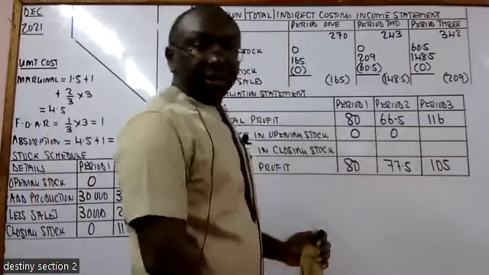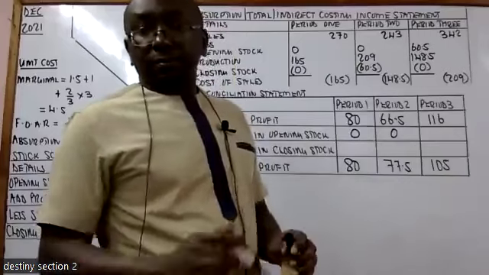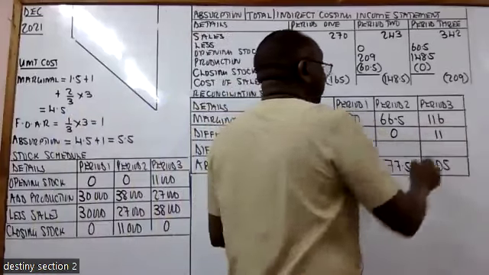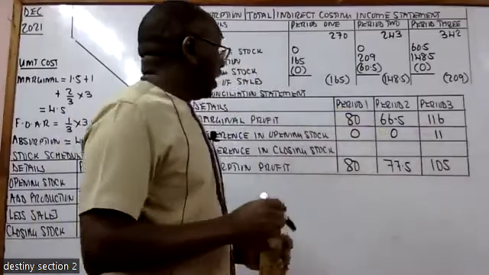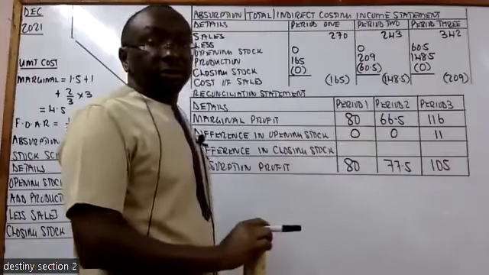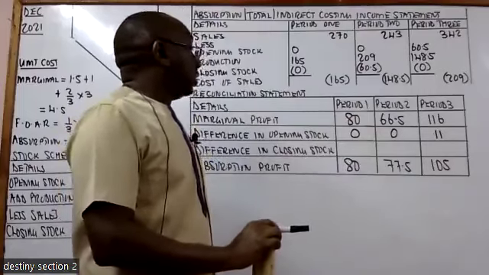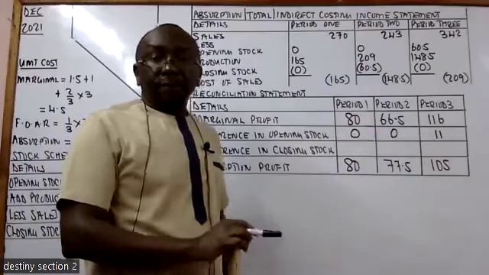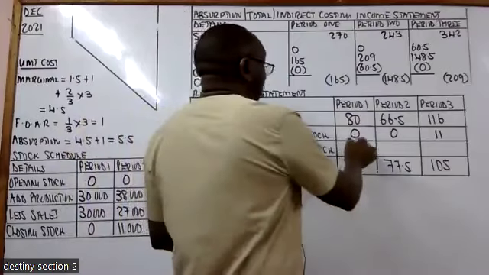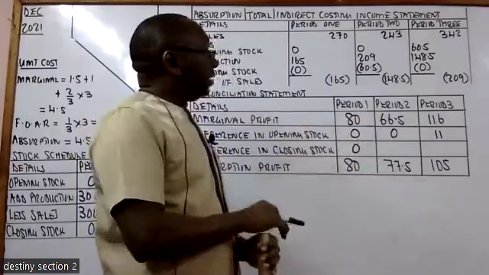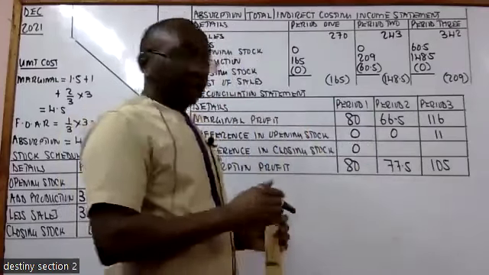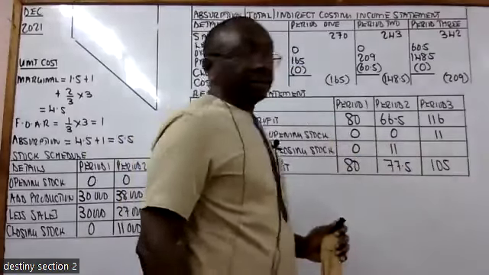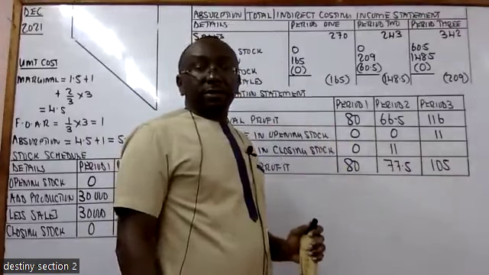In the third period, it is 11. Haya, tuende now kwa closing stocks. The difference in the first period is 0. The second period, 11. And the last period, 0.